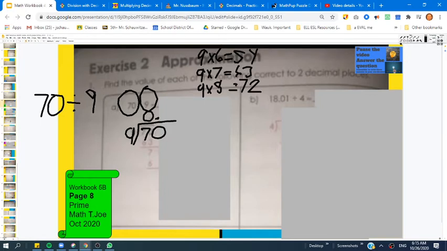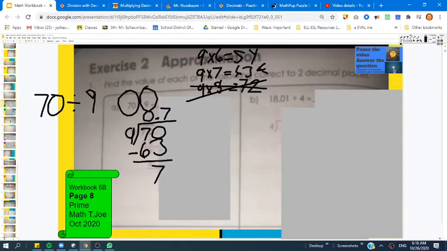Okay, so I don't want to go over, right? So I'm not going to do 9 times 8. That would be going over. So I'm actually going to be going with 9 times 7. 9 times 7 equals 63. Now I can subtract to continue with my problem. 70 minus 63 equals 7.